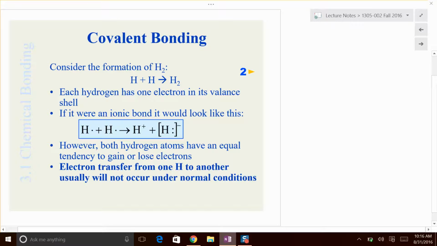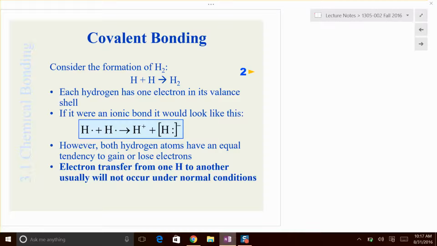Okay, covalent bonding, like I said, is the sharing of those electrons. So here's a theoretical, not true situation, but if you have hydrogen with only 1 electron and another hydrogen with 1 electron, if it was going to ionically bond, one would lose the electron, the other one would gain it, and they would come together and form H2 in an ionic bond.